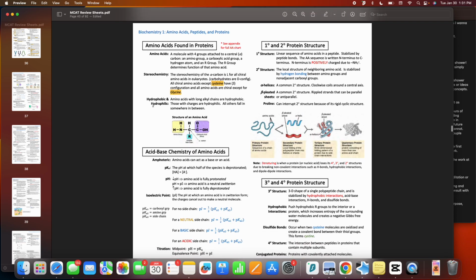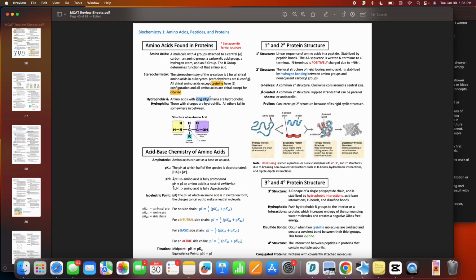Then we have hydrophobic and hydrophilic amino acids. As the name implies, hydrophobic fears the water, and hydrophilic loves water. Amino acids with long alkyl chains are hydrophobic. These alkyl chains make them hydrophobic, and they should be long.